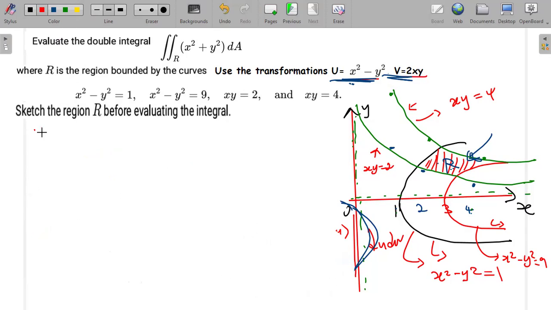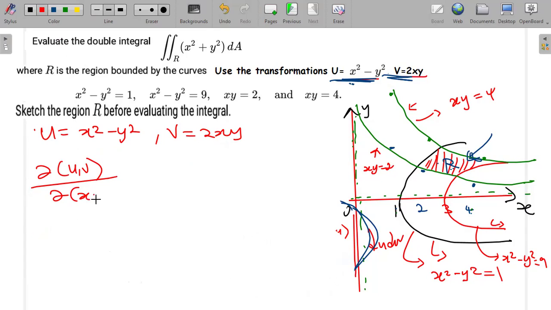Since we have u equals x squared minus y squared, and v equals 2xy, we can easily find the Jacobian. Since here we have u and v being expressed in terms of x and y, we can find the Jacobian uv over xy.